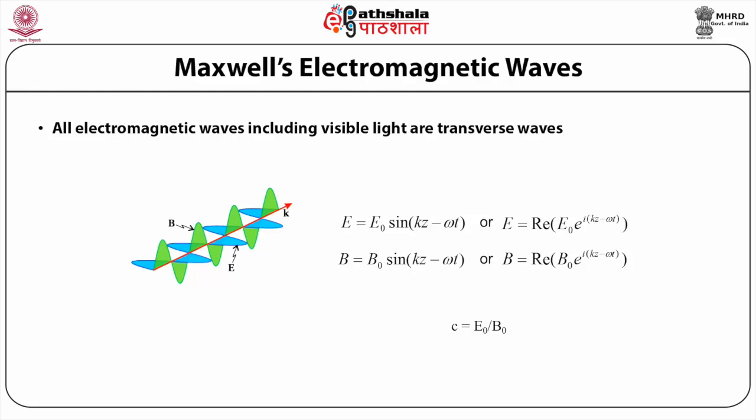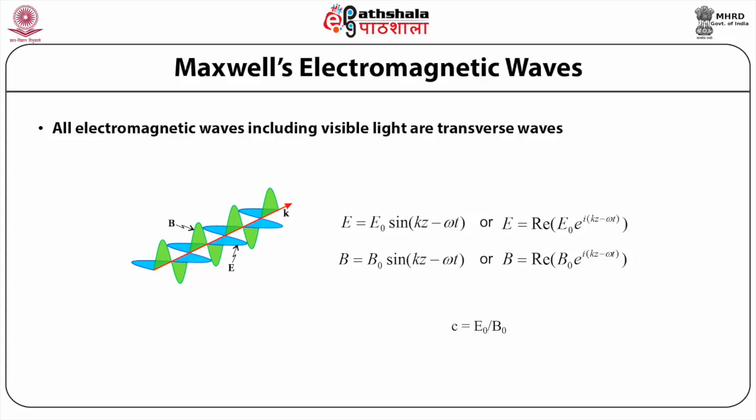Similarly, for the magnetic field, B equals amplitude B0 times sine of kz minus omega t. And for electromagnetic waves, according to Maxwell's theory, the speed of the waves, c, equals the amplitude E0 divided by the amplitude B0.